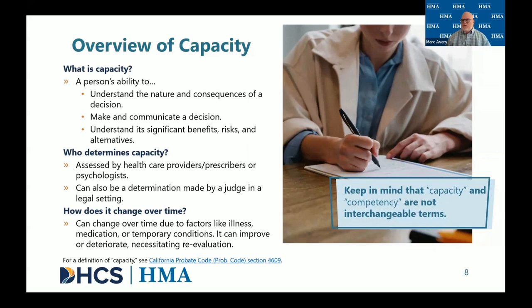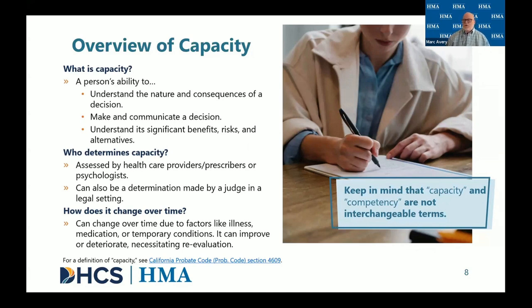So the next concept of capacity, Dari mentioned that the definition of capacity is fluid in one sense, and capacity is also fluid in another sense, in that capacity changes over time, sometimes really quite dramatically so. So factors such as illness, medications, other temporary environmental factors can all play a role in that.